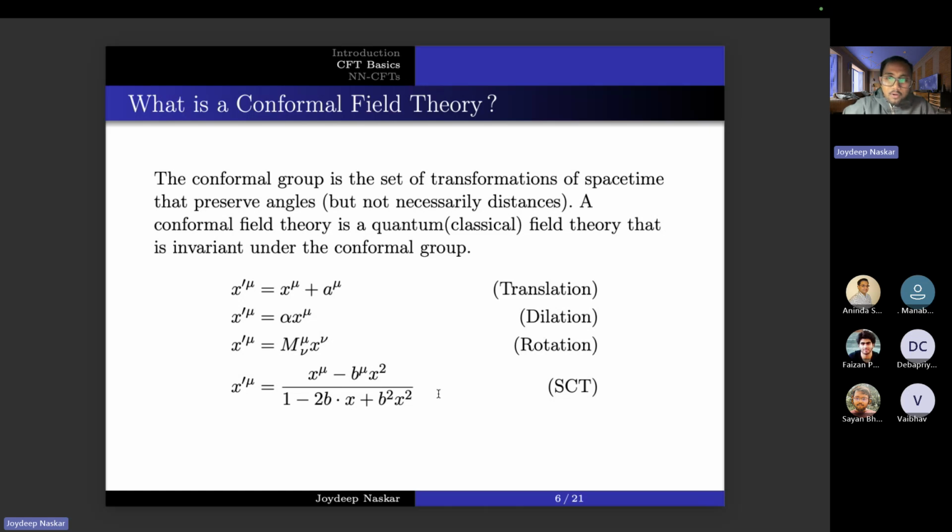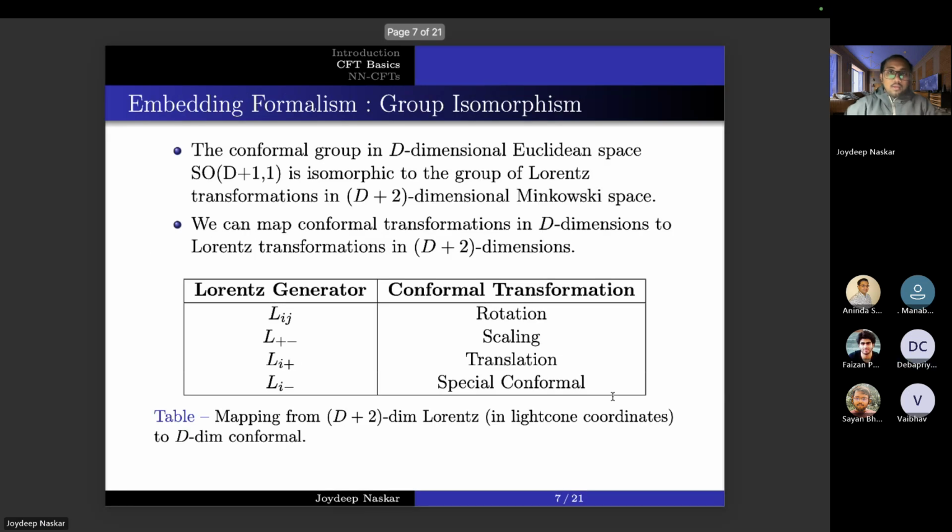In ordinary Euclidean quantum field theory, you usually have the translation and the rotation. So the extra two, the dilatation and the special conformal transformation, are there in a CFT. We are going to use one special relation, which is a group isomorphism between the conformal group in d dimensions and the Lorentz group in d plus 2 dimensions.